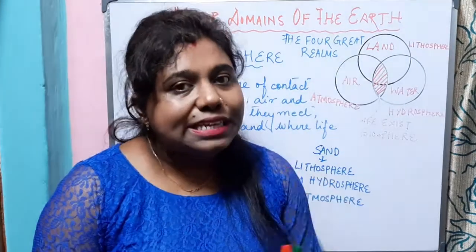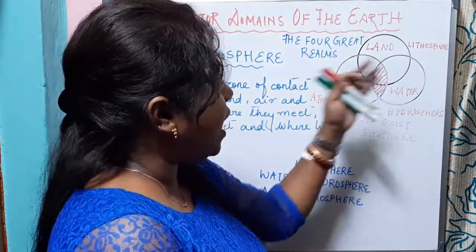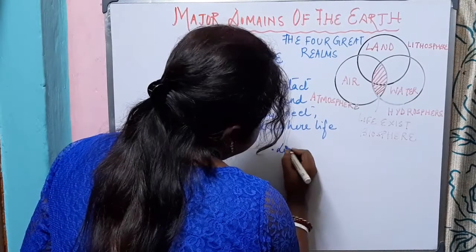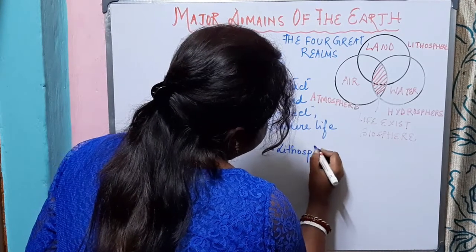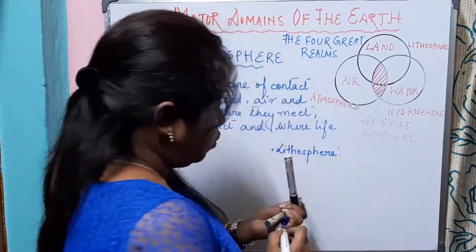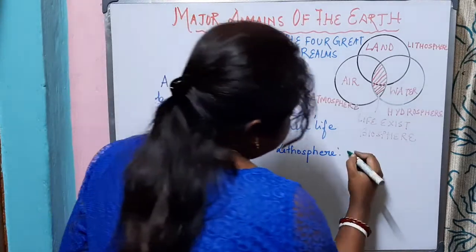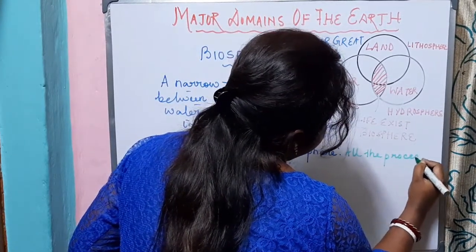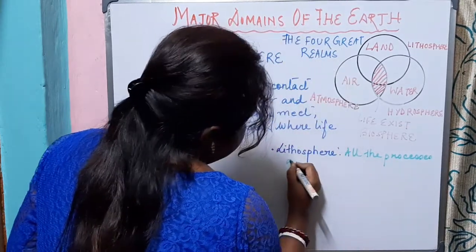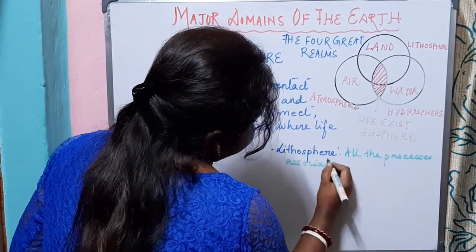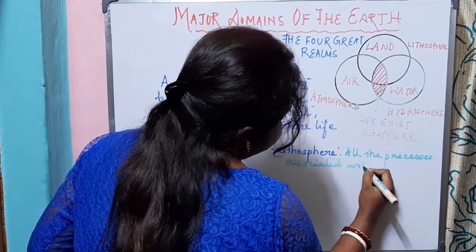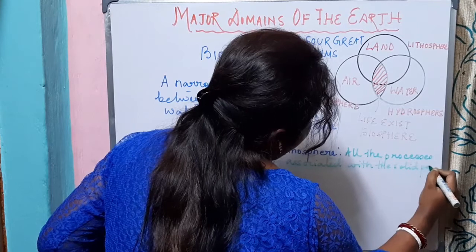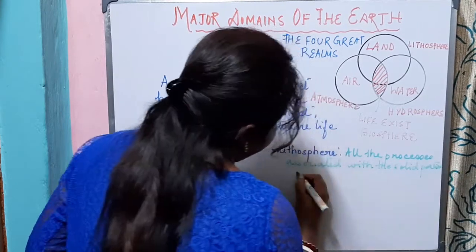So now let us recapitulate lithosphere, atmosphere, hydrosphere, and biosphere. Number 1, lithosphere. Lithosphere involves all the processes associated with the solid portion of the earth.